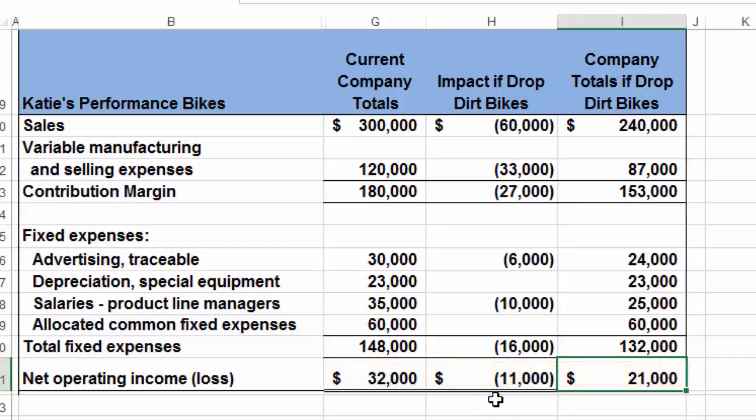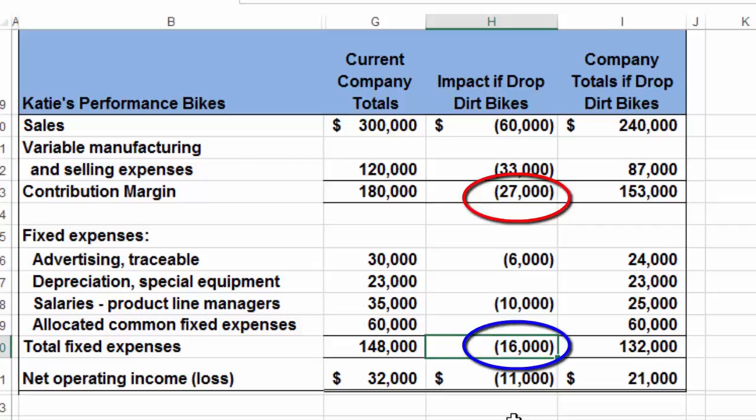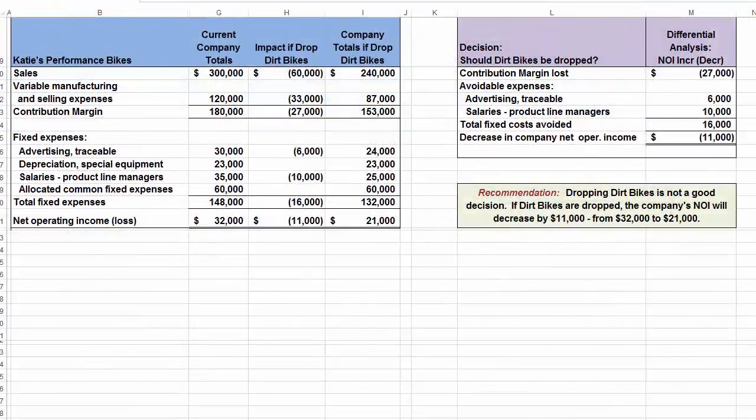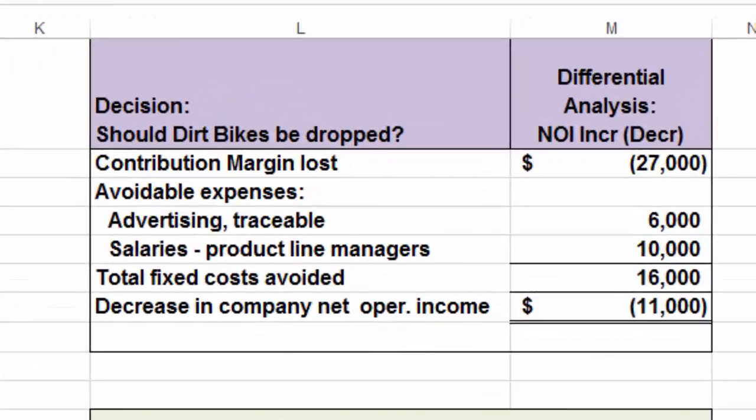The reason that she's losing so much in profits from divesting the dirt bike line is that she's losing a contribution margin that is higher than the fixed expenses that she would be avoiding by dropping the line. We can simplify our analysis if we focus on the contribution margin lost rather than focusing on sales lost and variable manufacturing and selling expenses avoided.